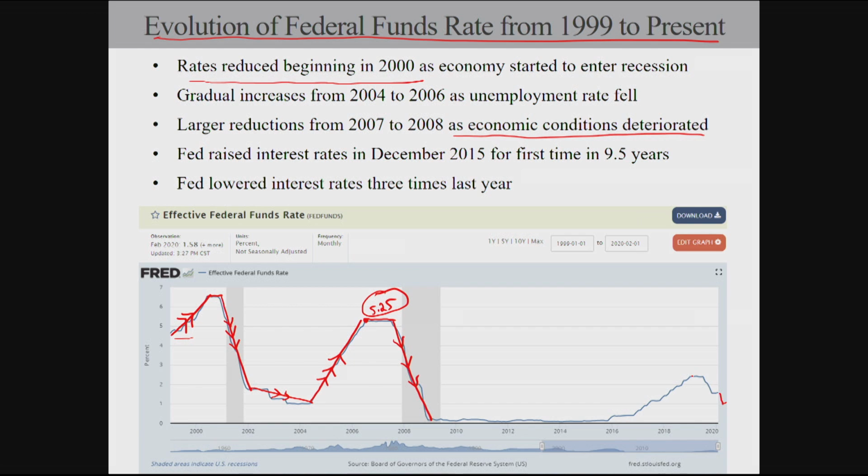One of the things that people have been worried about more recently is that with the rate peaking at just 2.5% recently before being cut, the Fed doesn't have as much of a weapon in its arsenal.